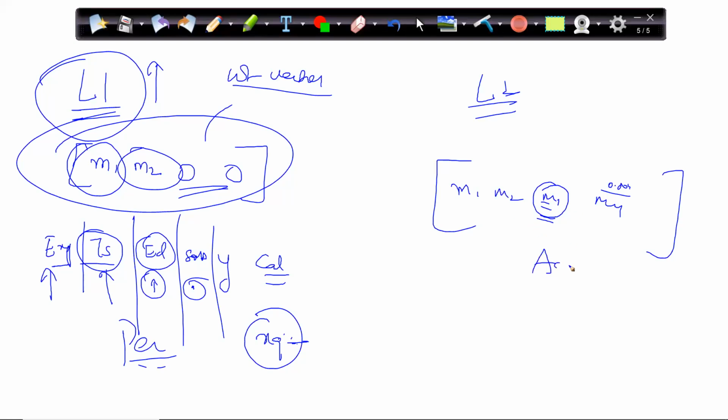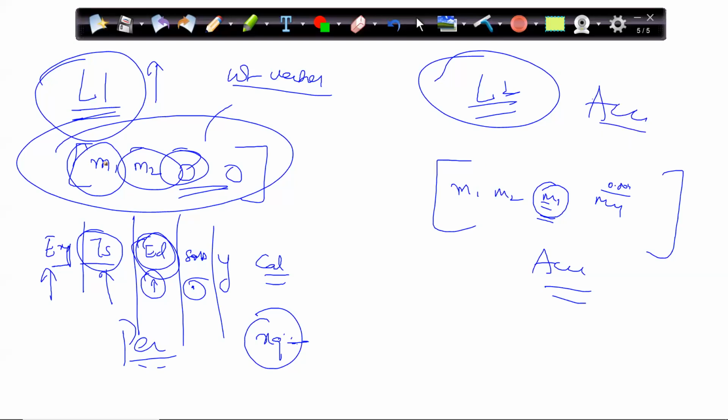And that's why from an accuracy point of view, this model is better as compared to this model. Because education here, you are making it 0 because it was less important. That's why L2 is better for the performance point of view, that is accuracy point of view. And L1 is better for the performance point of view, that is speed point of view.